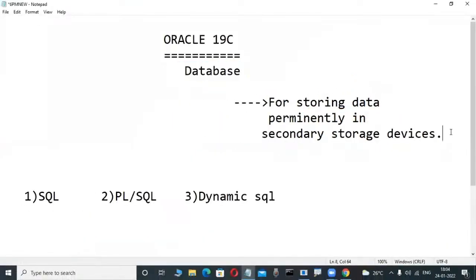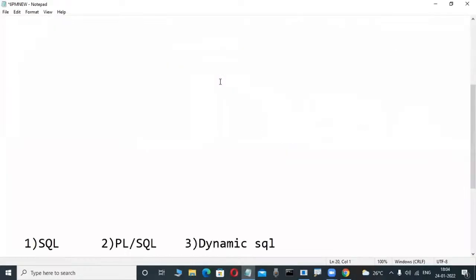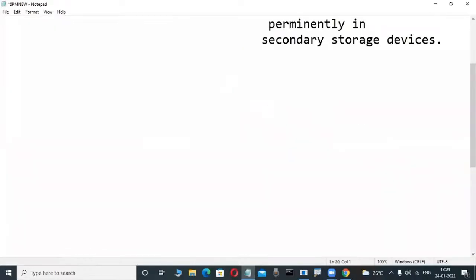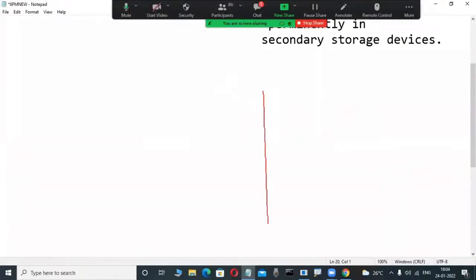But unfortunately, as I told in the previous classes, observe slowly here: a database is a place. Whenever we install Oracle, SQL Server, DB2, these types of databases in our system, automatically one place is created.